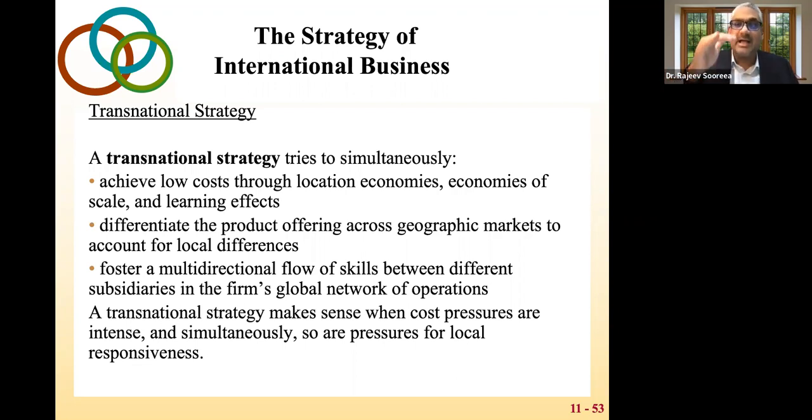They have to cut back on their cost. So they face intense cost pressures. But also, just like we said, in Germany, they failed because they did not provide the services the Germans need. They failed in China because they did not provide the products the Chinese need. So they need to customize the product quite a bit to the local market needs. So Walmart is a good example of a firm that uses a transnational strategy.